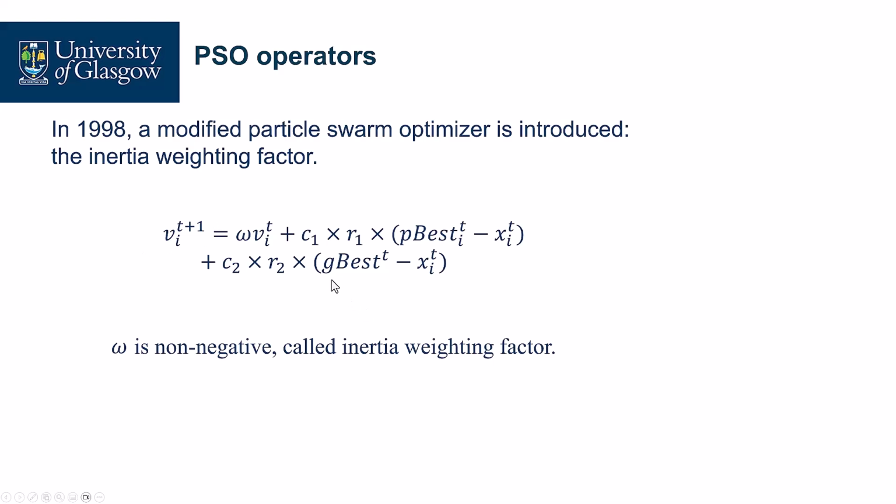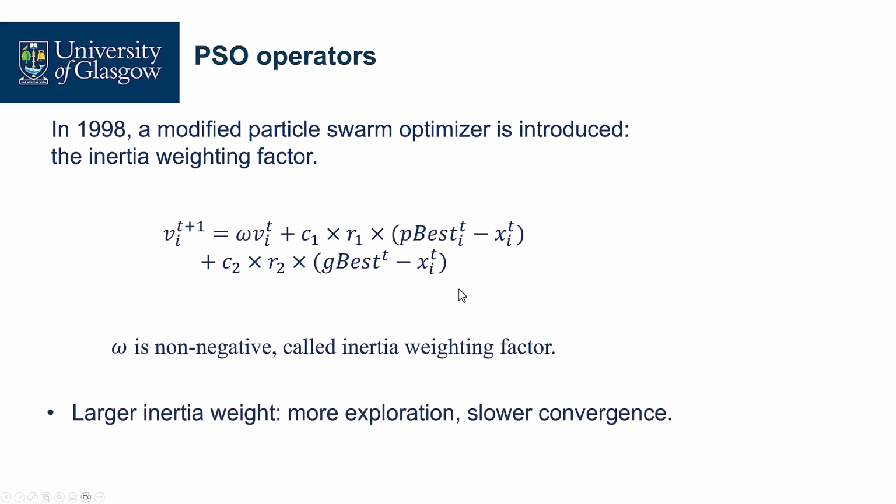So when omega is large, the last velocity has more contribution, and this provides more exploration ability of the PSO. More exploration ability means a higher ability to explore unknown places, right? So this will promote the algorithm to jump out of local optima and arrive at a possibly better solution.